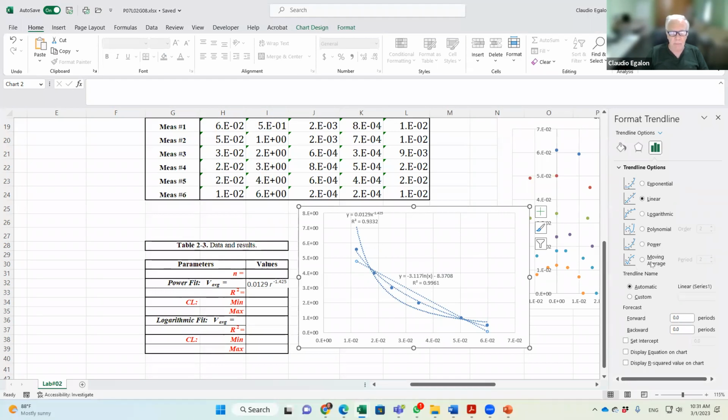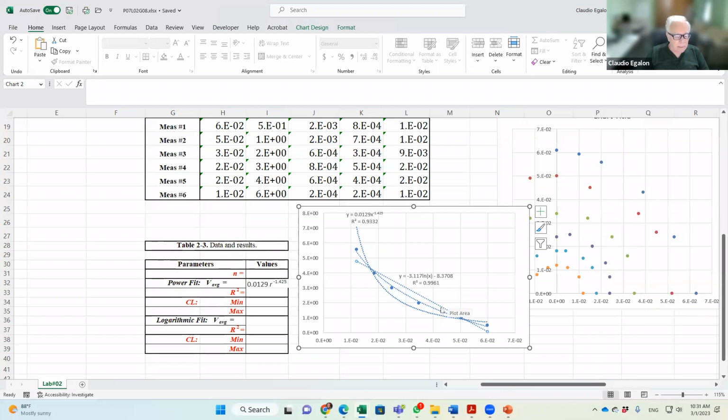This moving average is used mostly by whoever trades stocks. If you're plotting the price of a stock, you want to use this trend line.